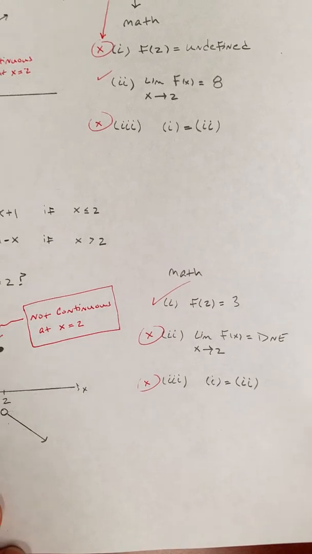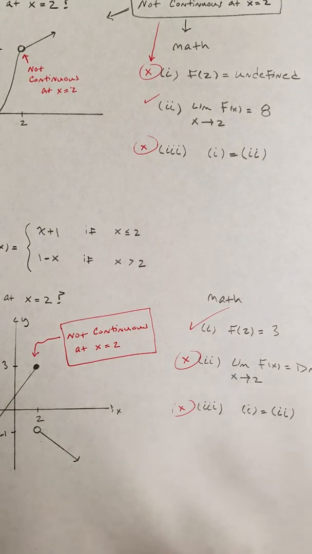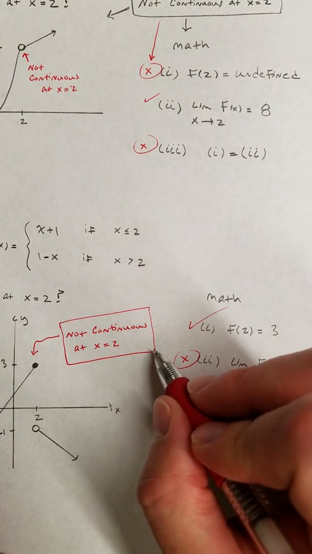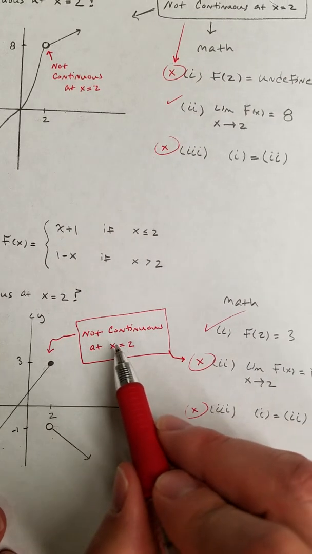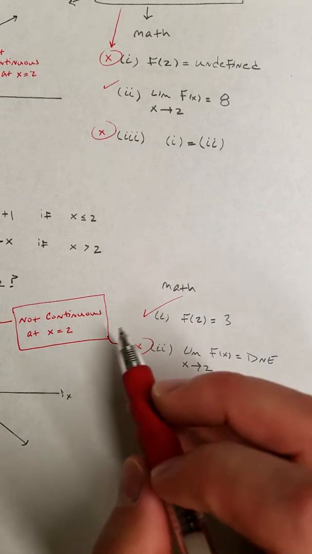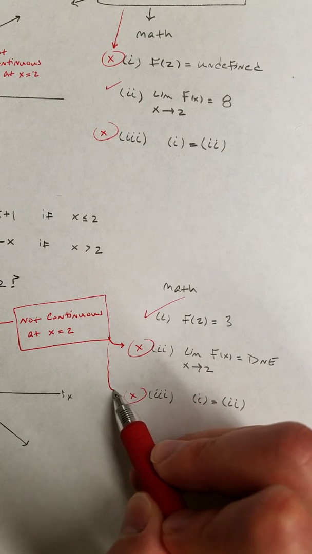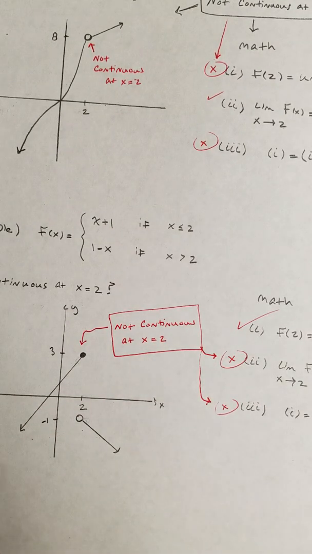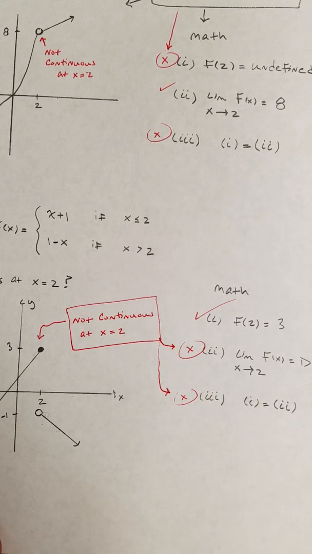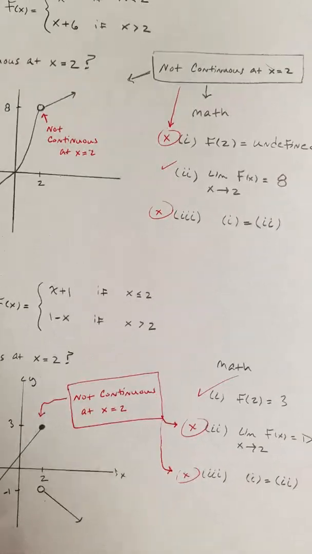So those are the ways that you can see it, and I need you to know both. Conclusion: it's not continuous at 2 because of failing this test, or because of the way it looks. All right. So let's look at a few more. I just want you to see all the ways that this can happen.